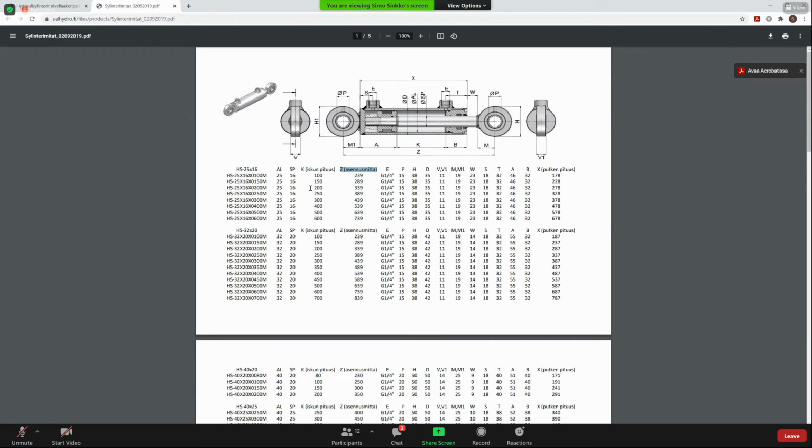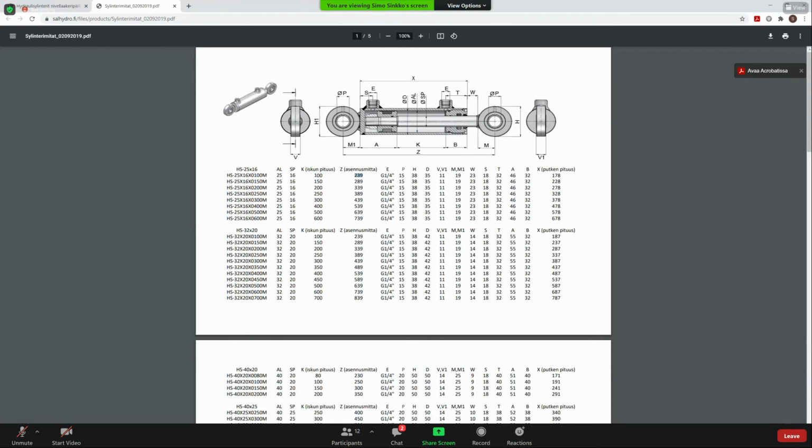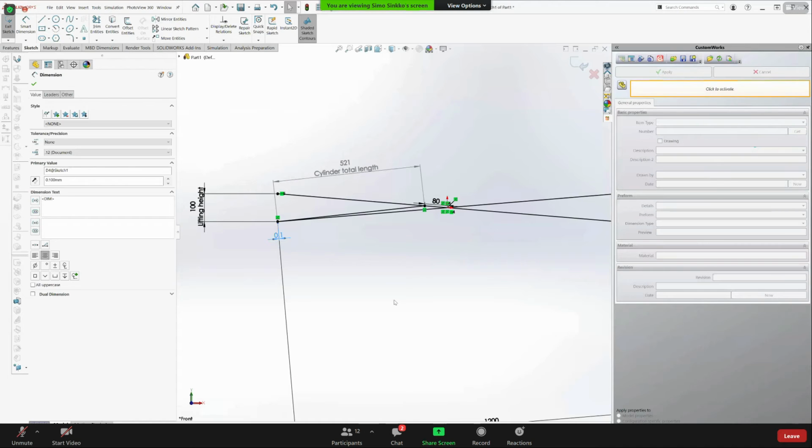So these are, let's say the Z, and then the maximum length, which is the Z plus K, they are the things that should fit roughly here.